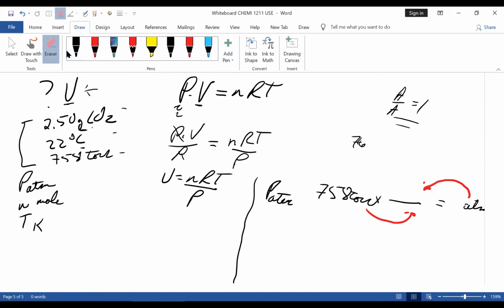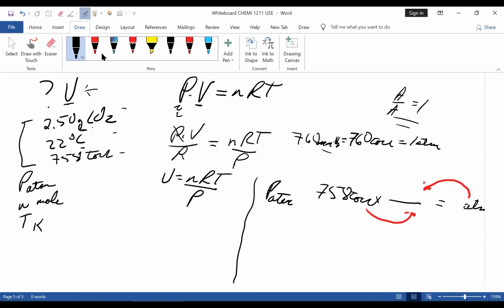I can write it. That's supposed to be mmHg. 760 millimeters of mercury equals 760 torr equals 1 atmosphere.